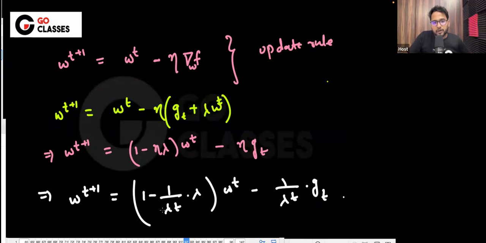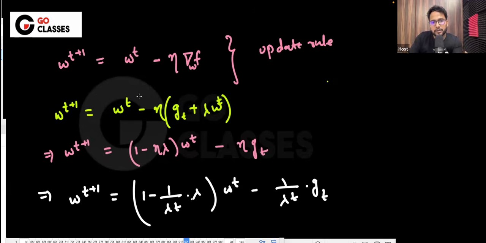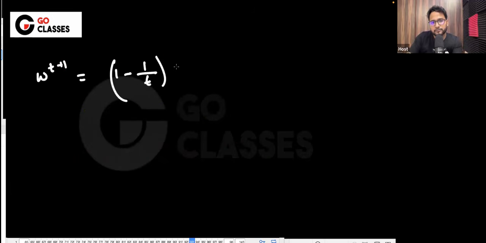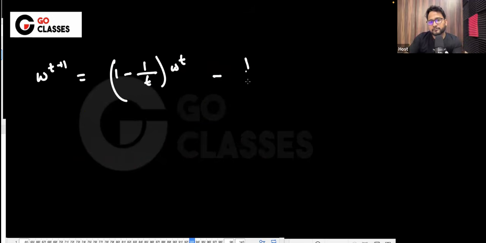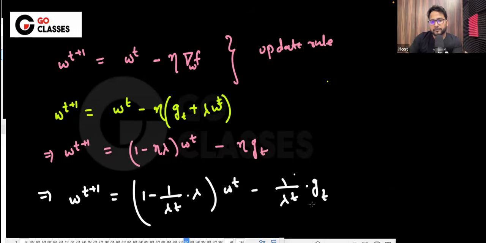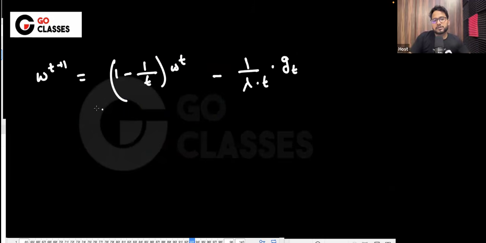Now lambda gets cancelled out. So wt plus 1 finally is (1 minus 1 upon t) into wt minus 1 upon lambda t into Gt.